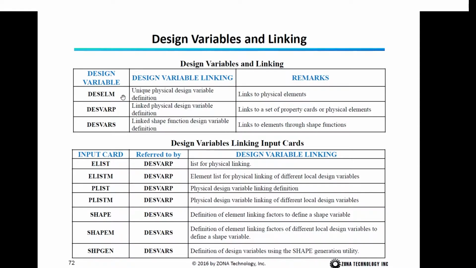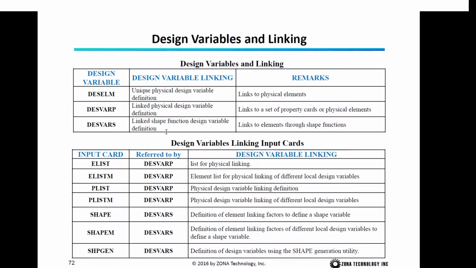So this is a unique physical design variable. And the second one is called DESVARP. It refers to the set of property cards of a set of elements, so you can link them together to become one design variable. DESVARS links shape function design variables.